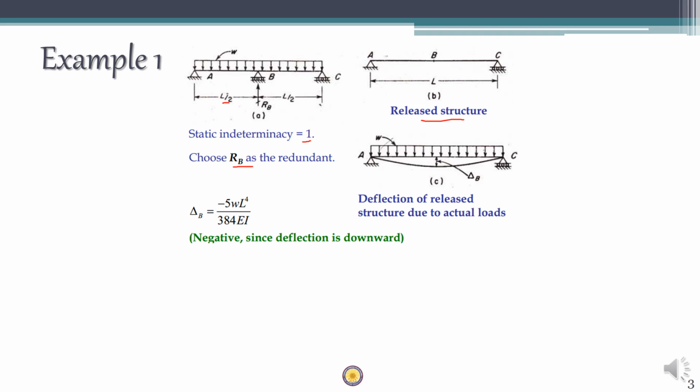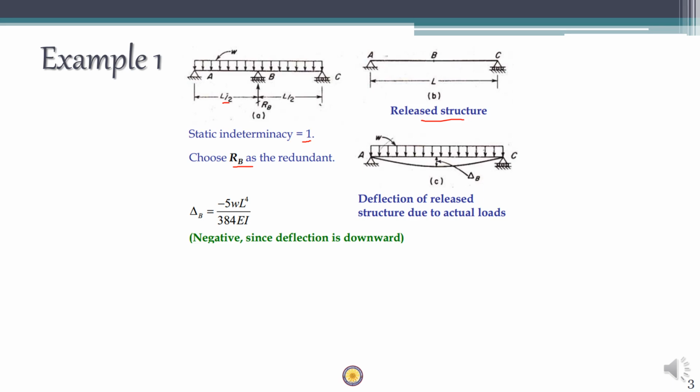The next step is, on the released structure, we have to apply the given external loading and find out the deflection corresponding to the redundant. So once the external load is given, which was a UDL throughout, we have to find out the displacement or deflection at the redundant location.